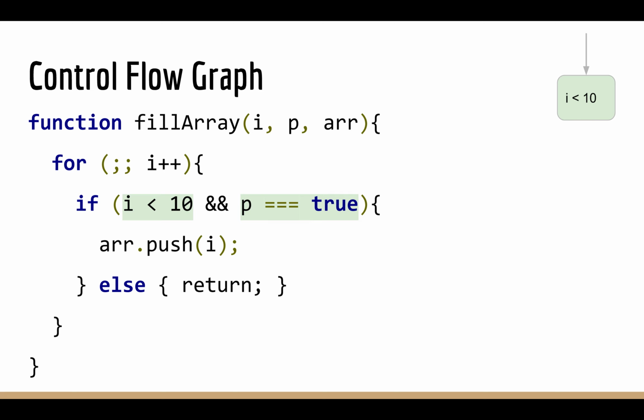Then we go further and we keep on running, not really running, but statically analyzing the flow of code that goes to this logic. So the next thing is, well, you evaluate the next side of the condition, which is p strictly equal to true. Then, after that, what happens?